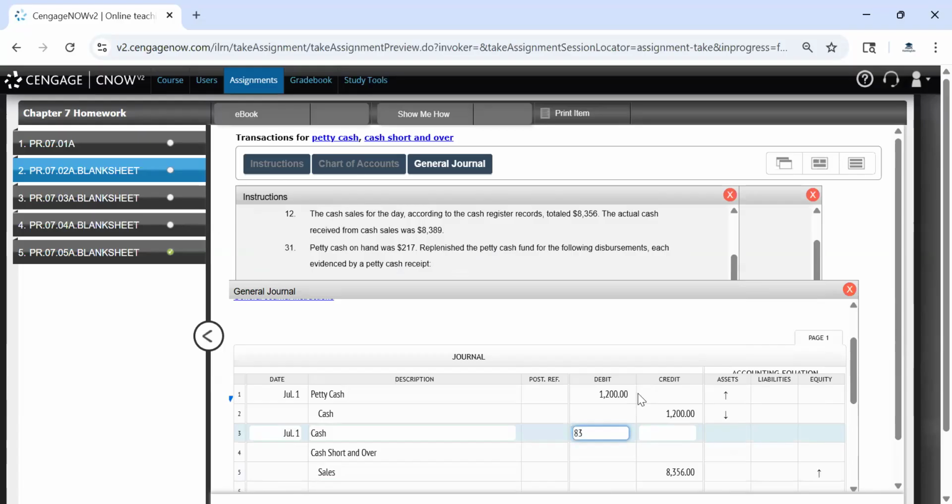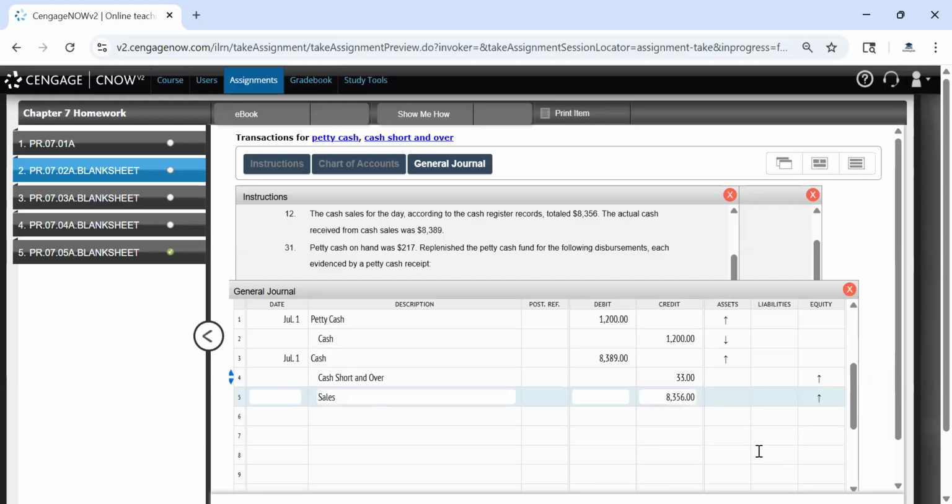So that's 8,389. And then the cash short and over is the difference between the two. And so we need more credits in this situation. We're $33 short on our credits. And so to balance our journal entry, we have to credit cash short and over. So even though this is an expense, it's reducing the expense.